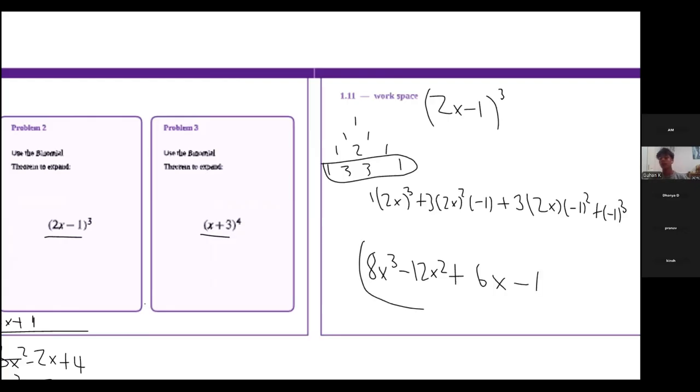Also, a pattern here: when the second term is negative, or even if it was the first term negative and the second term positive, it's always going to alternate between positive and negative. As you can see here, it's 8x cubed positive, minus 12x squared, plus 6x, minus 1.